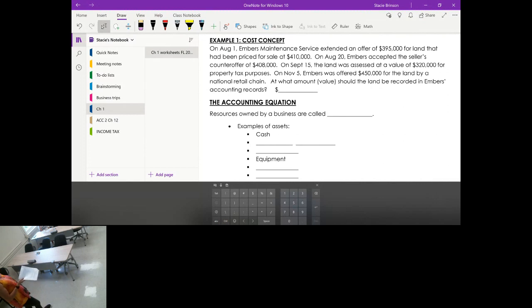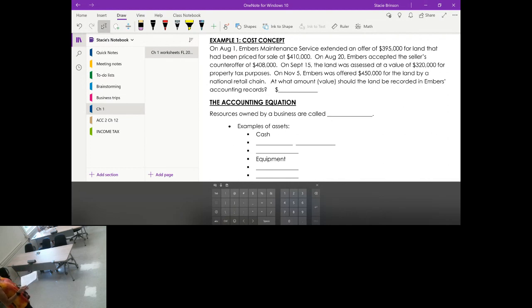So if you want to buy something, a piece of land, a house, even a car, and you extend an offer, that means you're telling them, hey, I'll pay you $395,000 for that piece of land. The sales price that the seller is asking for is $410,000.